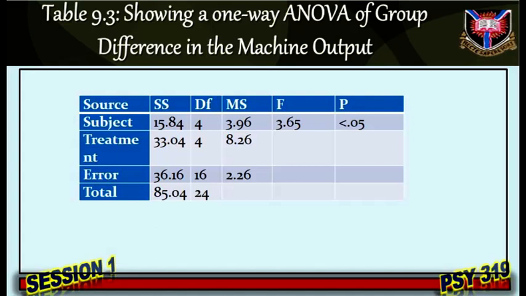Treatment: SS 33.04, DF 4, MS 8.26. Source error: SS 36.16, DF 16, MS 2.26. Total: SS 85.04, DF 24.